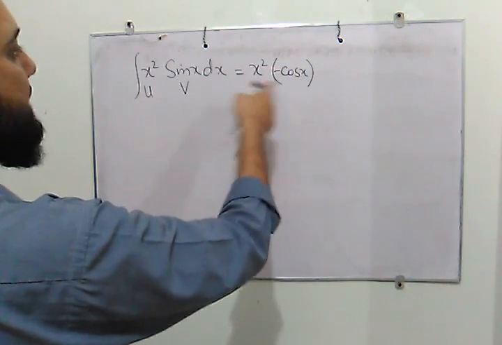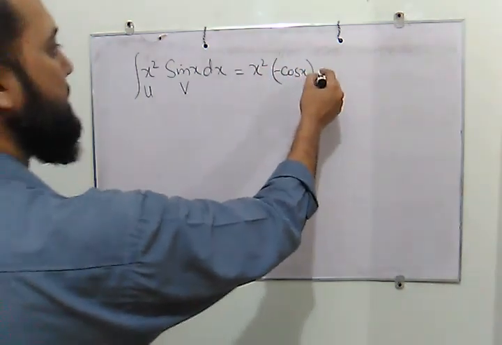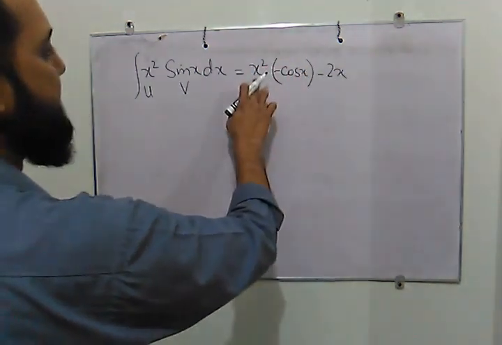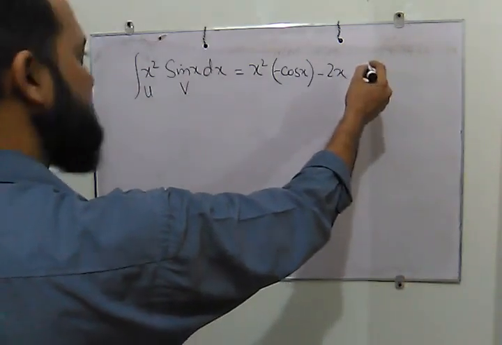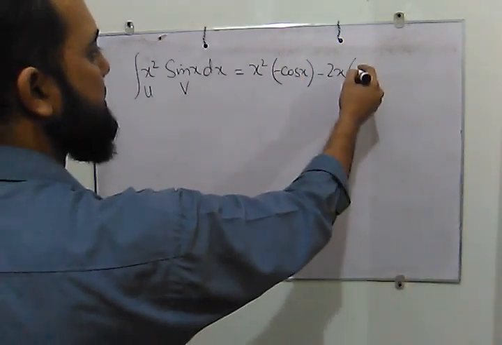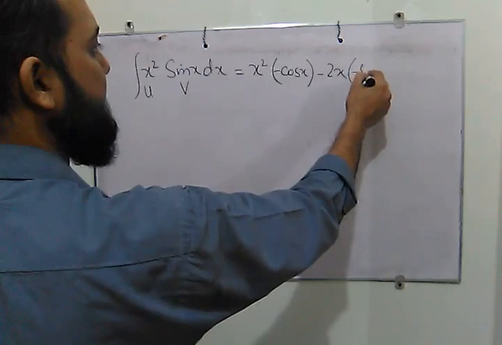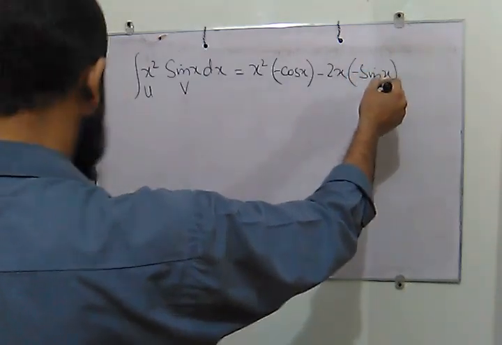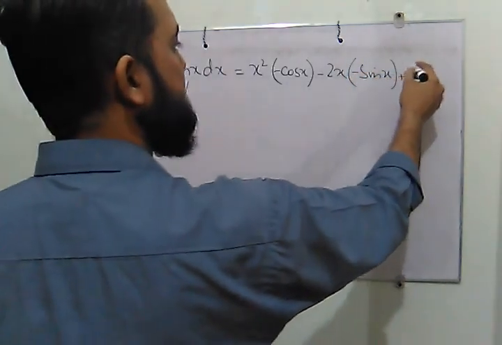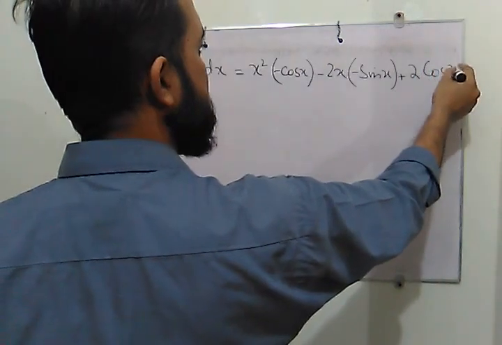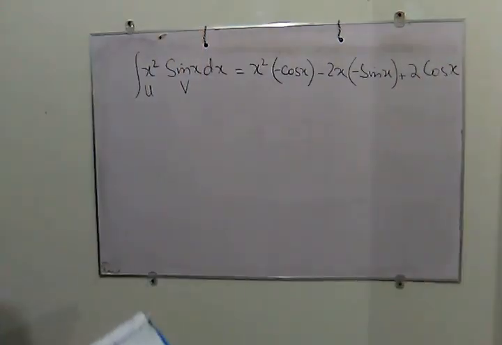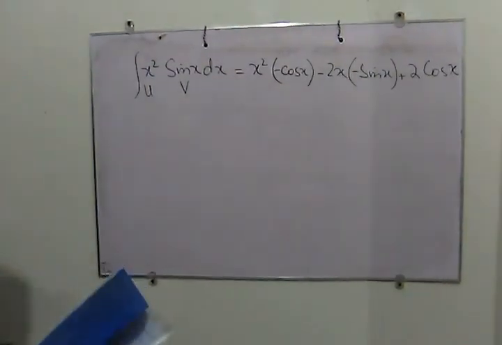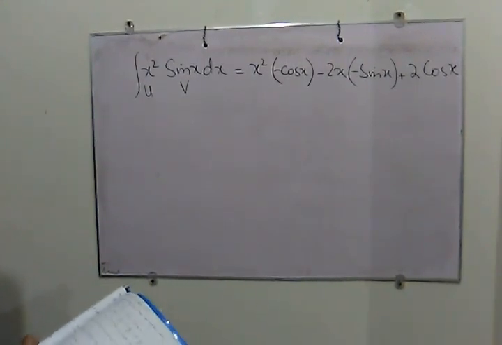Sorry, this is the integral, this is the derivative. Then the derivative of this is minus 2x, the integral of this is minus sin x, plus 2 cos x. So it is easy to solve as a Leibniz integral.